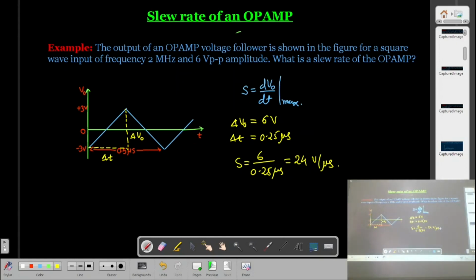Correct? So this is the slew rate of the operational amplifier. Normally, the slew rate of the operational amplifier for the rising edge, this is a rising edge, remember, and this is a falling edge, is almost the same. It is not necessary that the slew rate for the rising edge and the falling edge will always be the same, but in most operational amplifiers it will be identical.